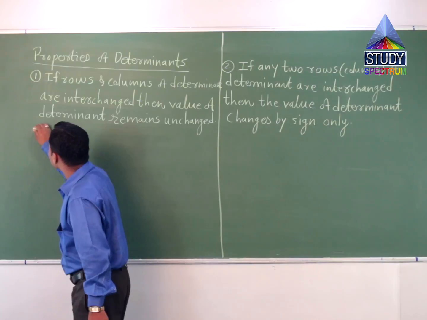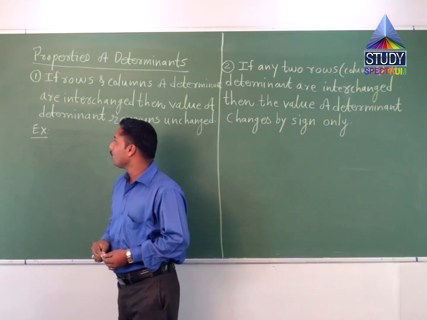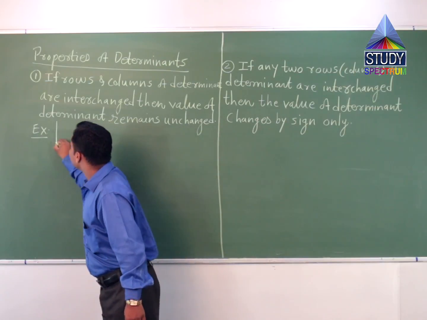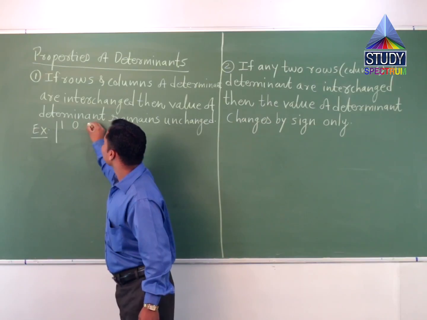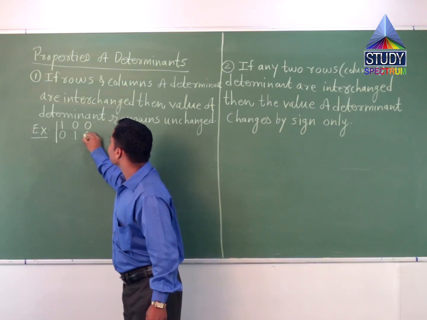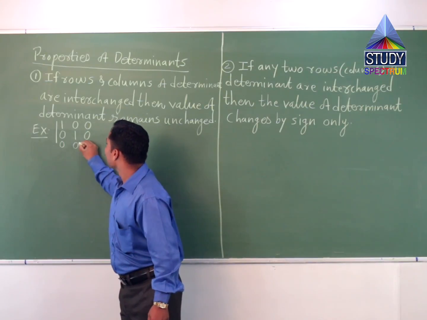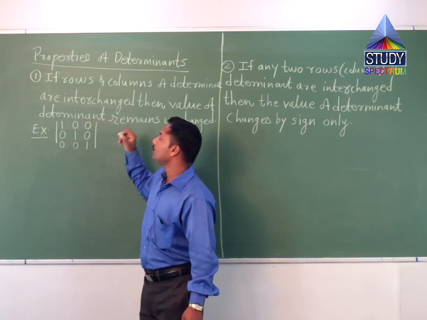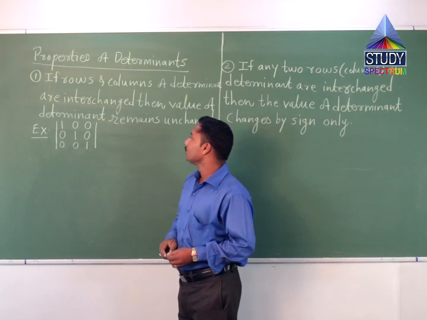For example, suppose we take the determinant of 1 0 0, 0 1 0 and 0 0 1. We find the value of this determinant.